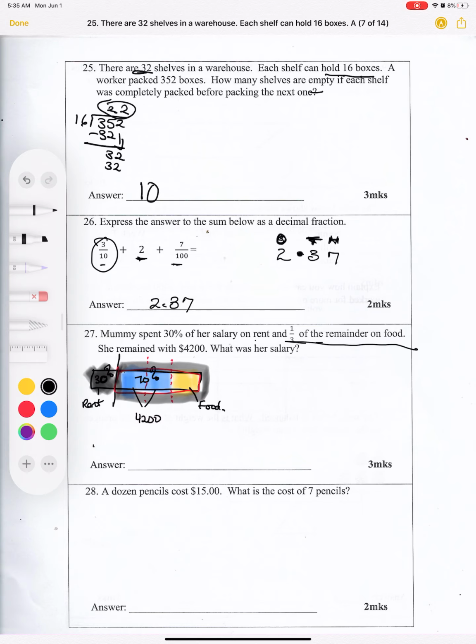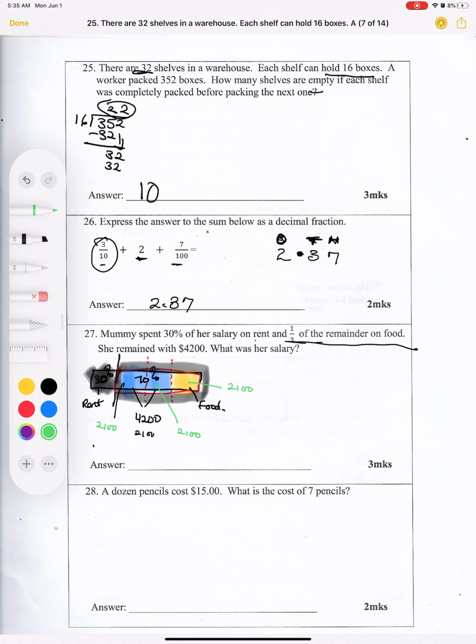And if you see two equal parts referring to $4,200, can't you find out how much money one part refers to? Yes, divide by 2, which would be $2,100. So this part here is $2,100, and this part here is $2,100. So this part here is also $2,100 because they are thirds and they are equal.